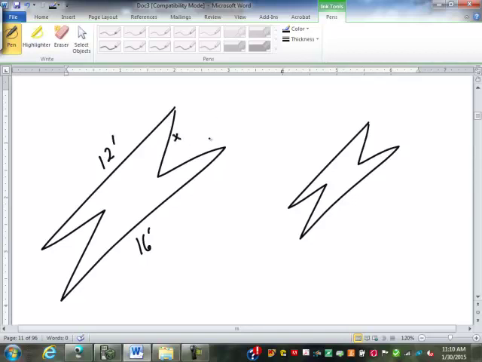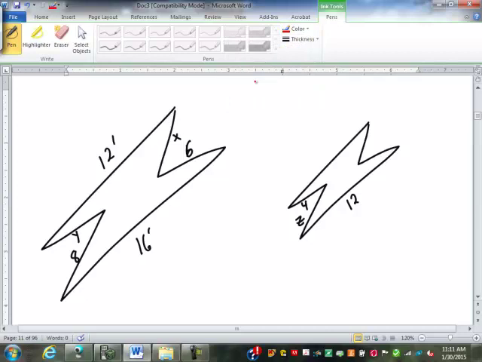We'll call this X. 6 feet, 8 feet, Y. 6 feet here, Z. Oops, that can't be 6 feet. Make that 4 feet. 12 feet. Let's just do that. Let's find sides X, Y, and Z here.